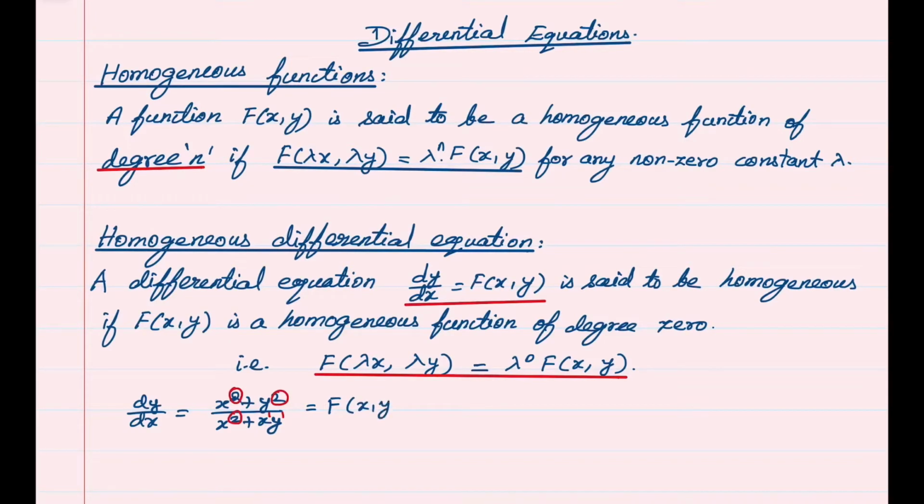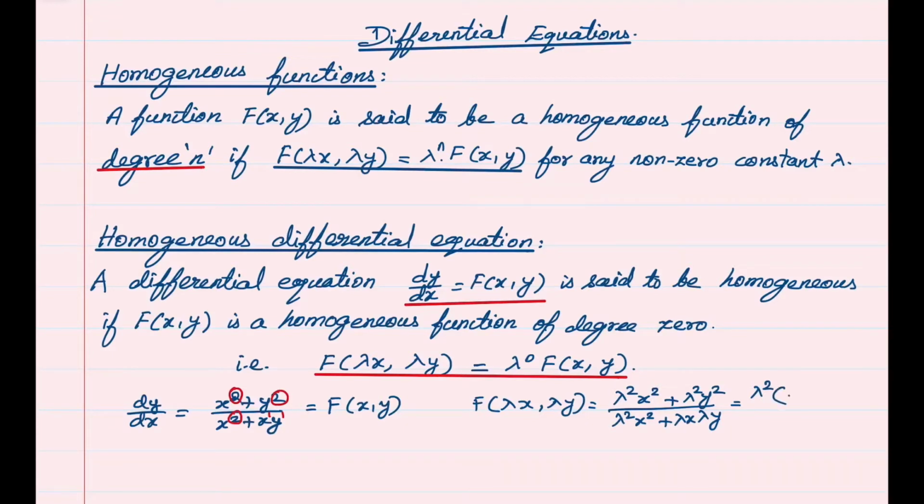Let us take dy by dx as f of x, y. We will find f of lambda x, lambda y. We get lambda square x square plus lambda square y square over lambda square x square plus lambda x times lambda y.